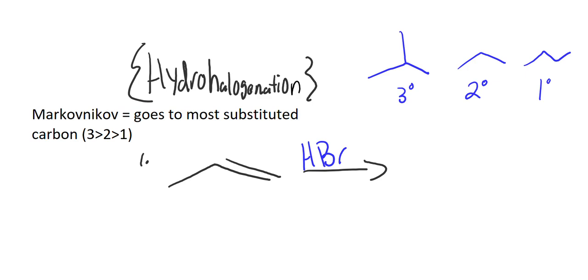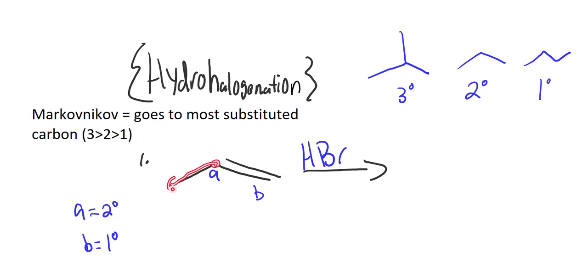Right, so now that we got some of the basics down, we can look over here at this problem. The way that we do these problems is that it goes to the most substituted carbon. So which do we have here? A and B. A is going to be secondary, and B is going to be primary. So how do we get the answer?